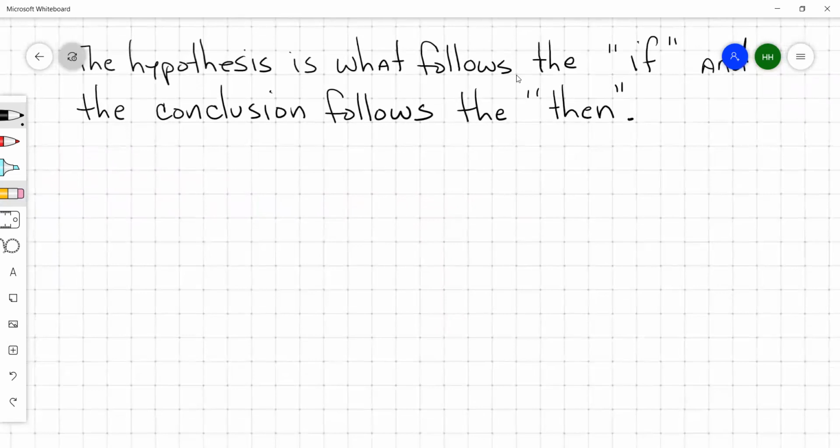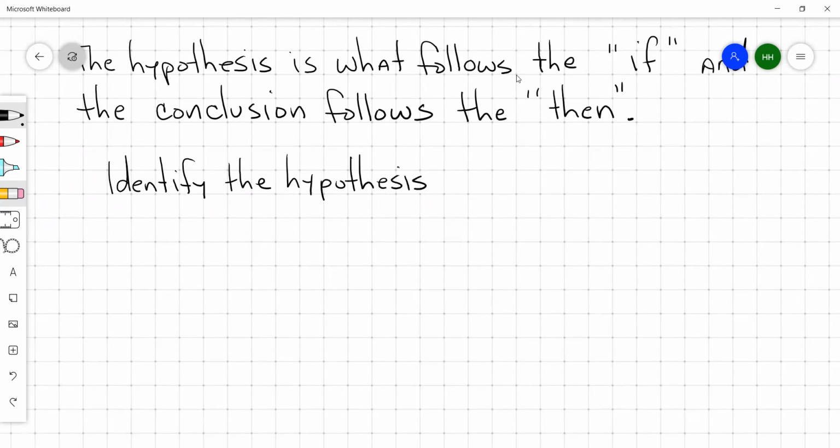Let's say you are asked to identify the hypothesis and conclusion of the conditional.